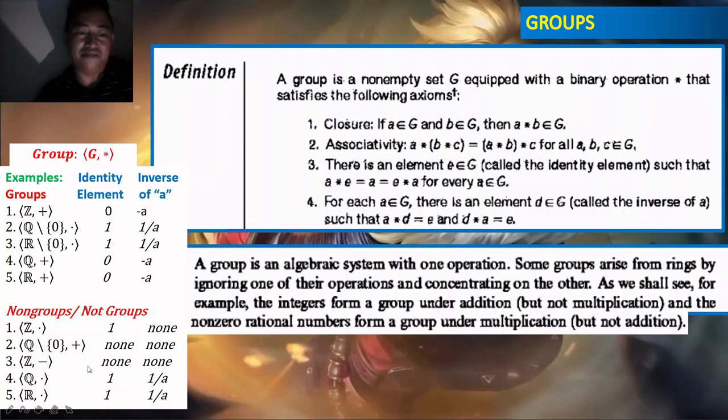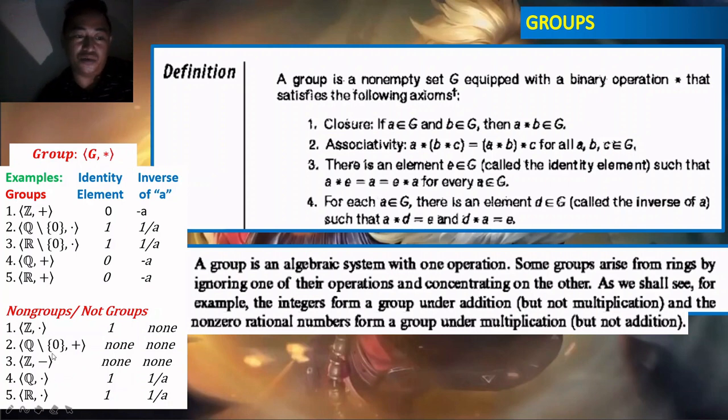Okay, number 3, Z under subtraction. Closure property: if you subtract two integers, the result is still an integer. So closure is satisfied, and associativity is satisfied again, but for number 3, the identity element is none. Why? Take 0: 2 minus 0 is equal to 2, correct, but it does not equal 0 minus 2, since 0 minus 2 is negative 2.